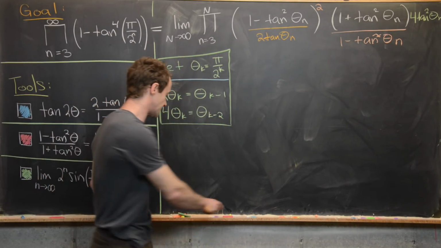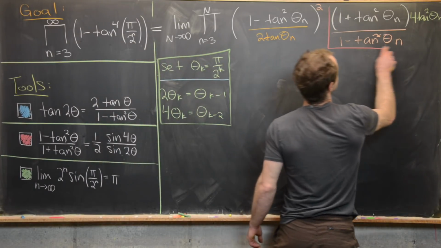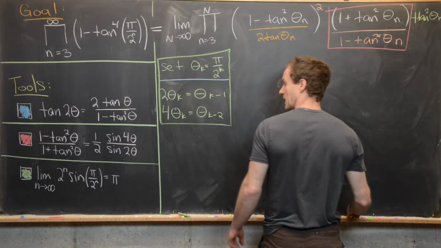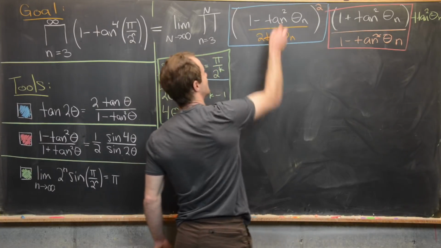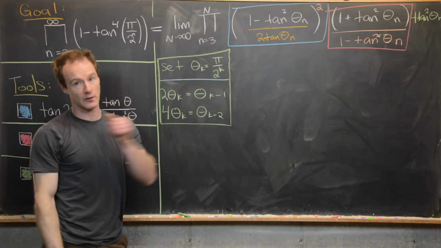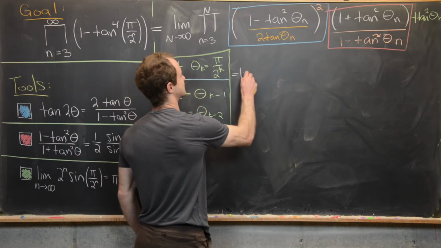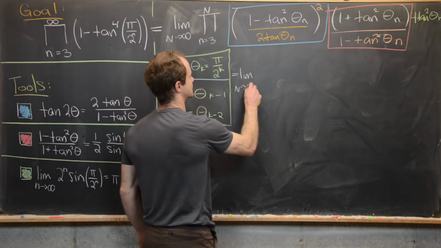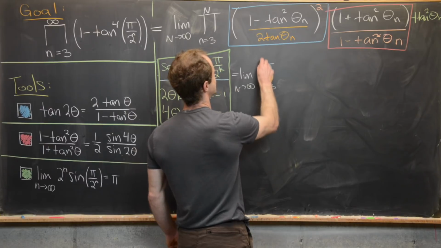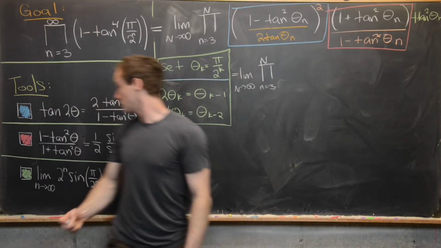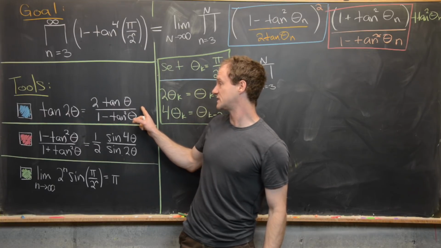Okay, good. So now the next thing that I want to use is the second identity to rewrite this term, and then the first identity to rewrite this term, keeping in mind that it's being squared and that we have the reciprocal of these two identities. So that's going to give us this limit as capital N goes to infinity of this product of n going from 3 to capital N. So this blue box is governed by this blue identity, but we have the reciprocal of it.